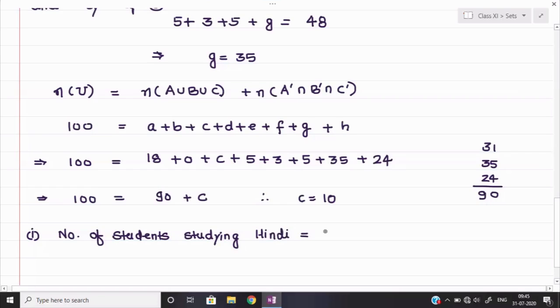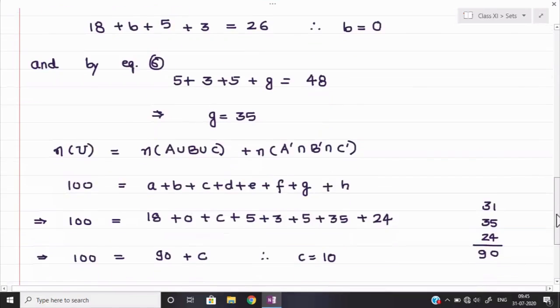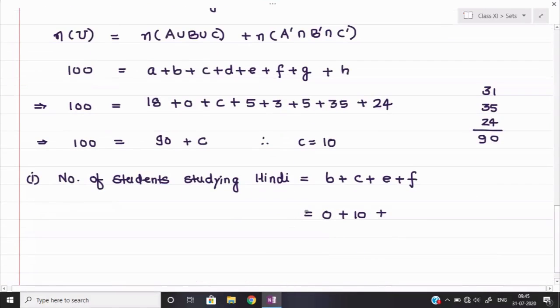B, C, E and F. So B plus C plus E plus F. Now what is the value of B? We have B as 0. C we just got as 10. E I think 3 or 5. Let's see. E is here 3 and F is 5. So the total number of students studying Hindi is 18.